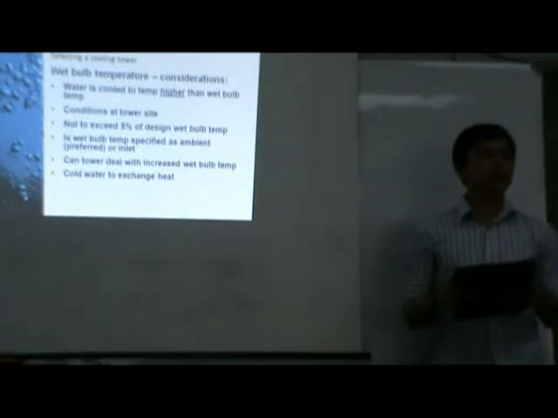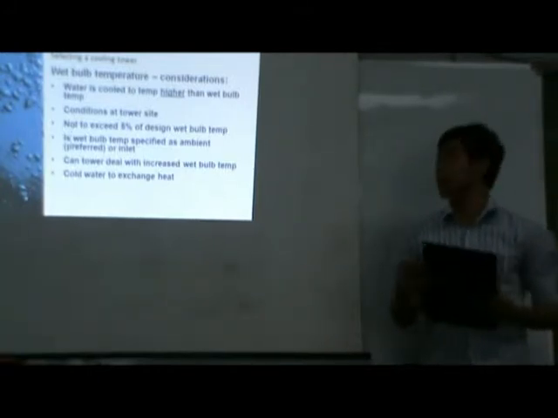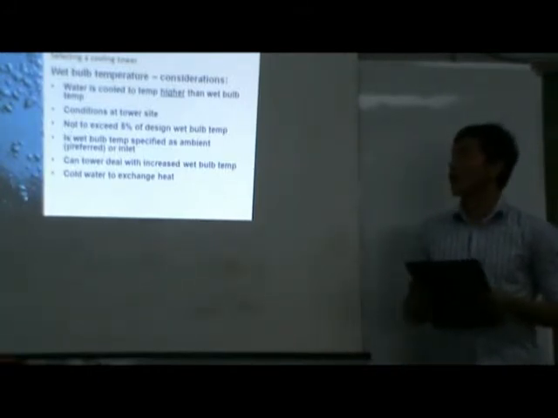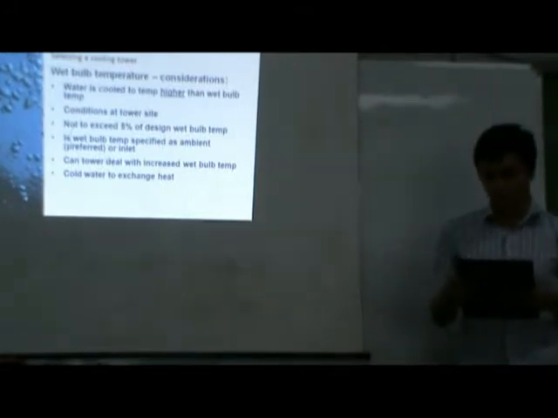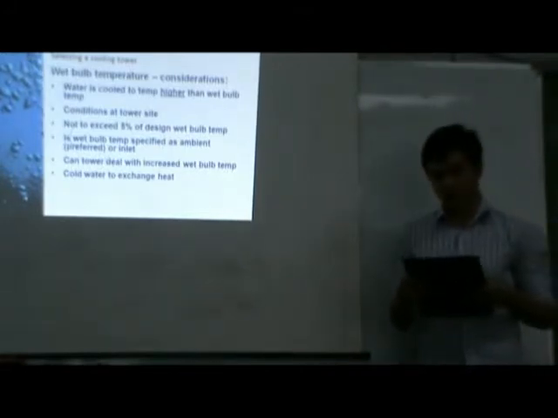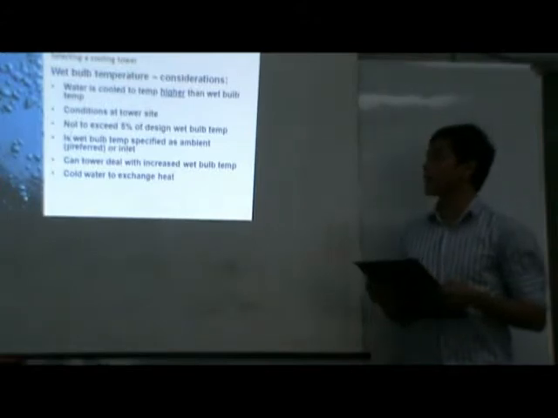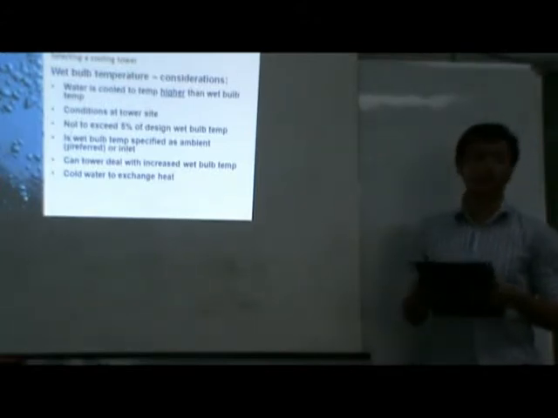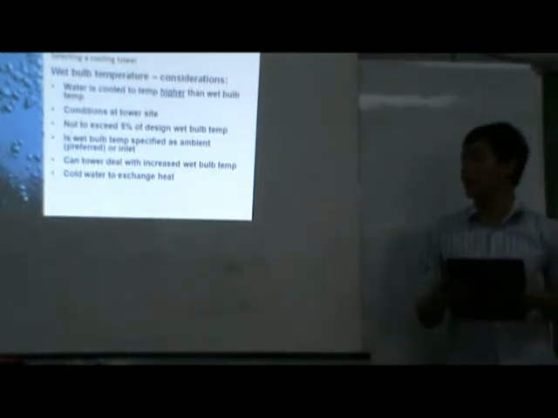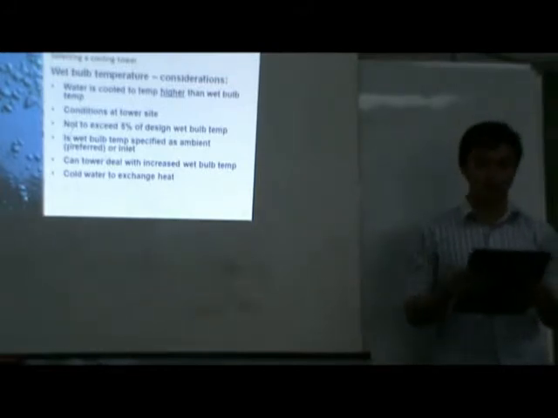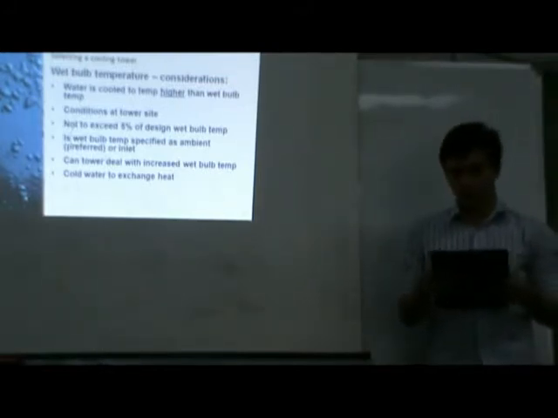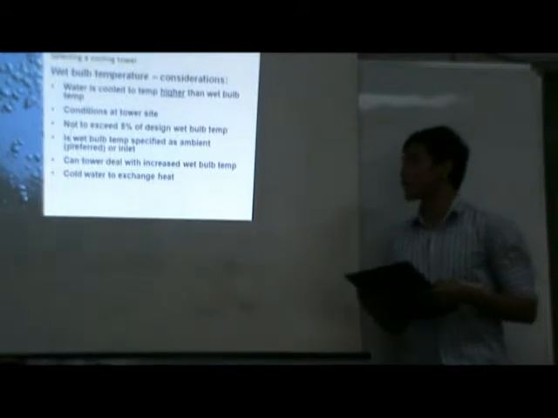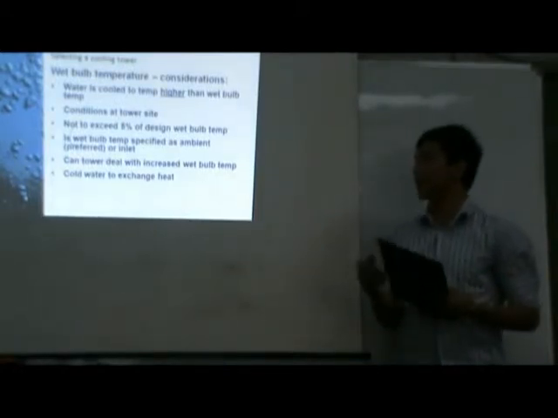Sa selection of cooling tower, we also need to consider the wet bulb temperature. Water is cooled to a higher temperature than the wet bulb temperature. In the design, the wet bulb temperature should not exceed 5% of the desired wet bulb temperature. This wet bulb temperature is specified as ambient, measured at the inlet.